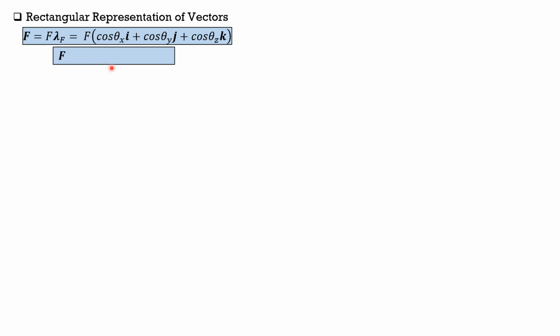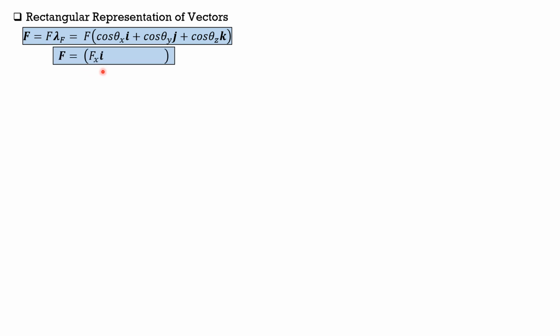So let's have the rectangular representation of vectors. Let's have a review. If you want the detailed explanations of this, proceed to Statics for Beginners too. So F is F times the unit vector of F. It is the magnitude of F times the quantity cosine theta x i plus cosine theta y j plus cosine theta z k, where F cosine theta x is the x component of the force.